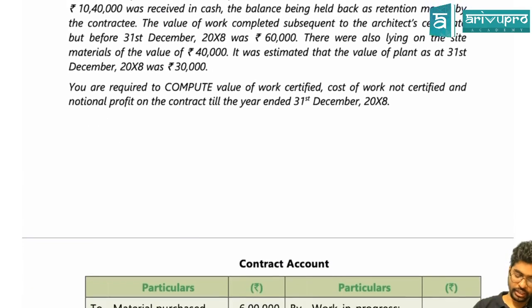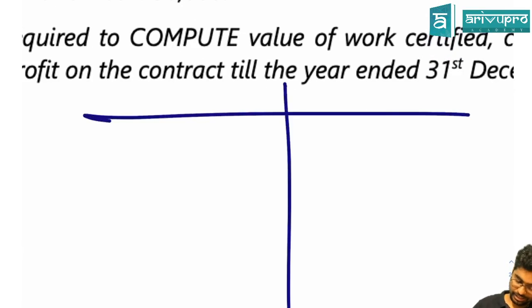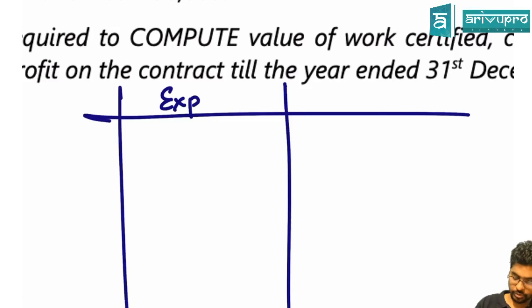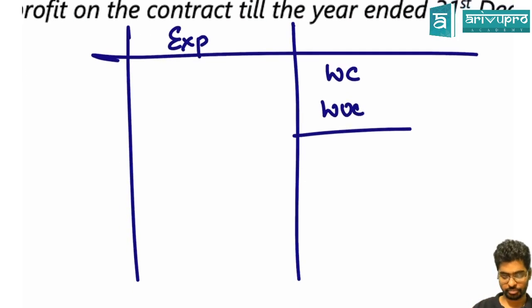Okay. What did I say the format is? We are going to be following the format of the trading account. That is all my expenses. Here it will be work certified, work uncertified. Now the only change we will be doing, guys, is for the depreciation. I won't show it as a depreciation.